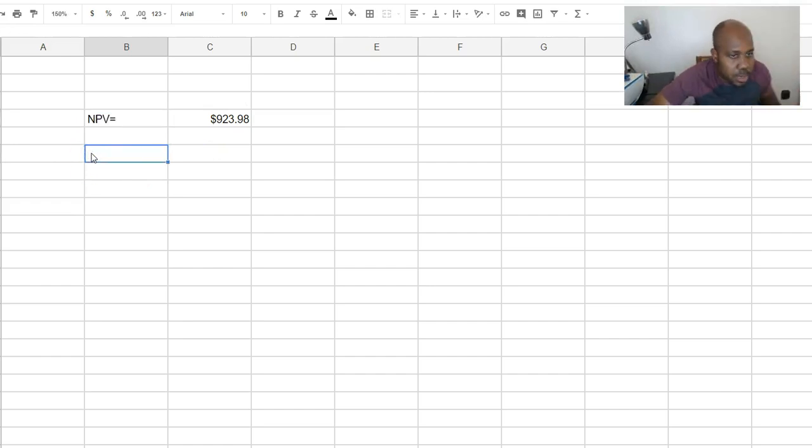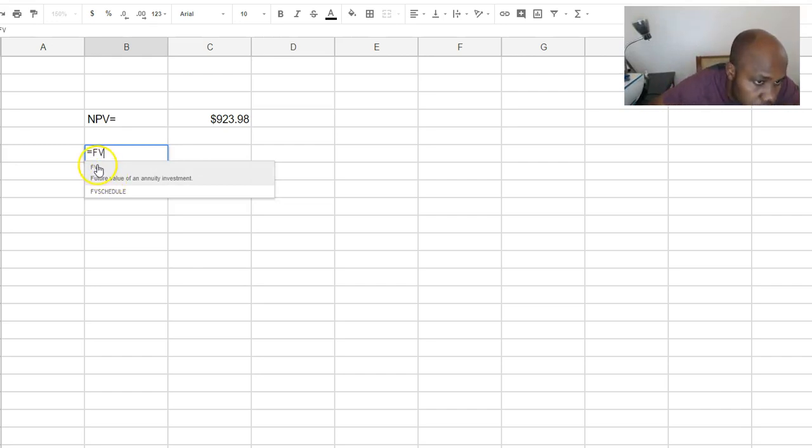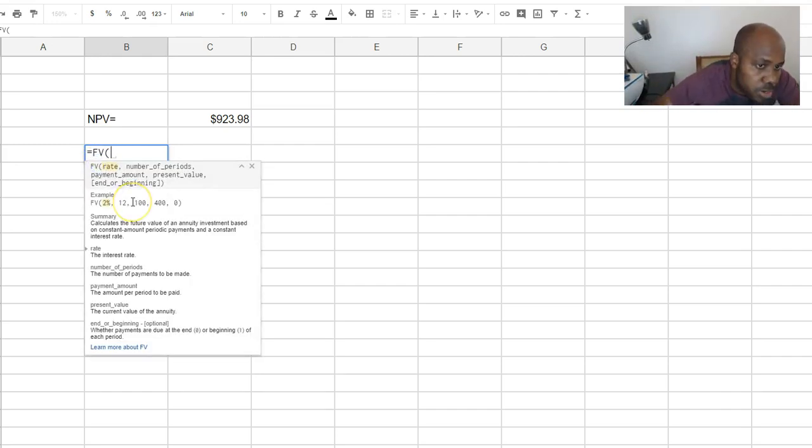First of all, put the equal sign, FV, future value. The future value needs the rate, which is 0.08, and the number of periods, in this case 6 years. Let me put 6. And then the payment.